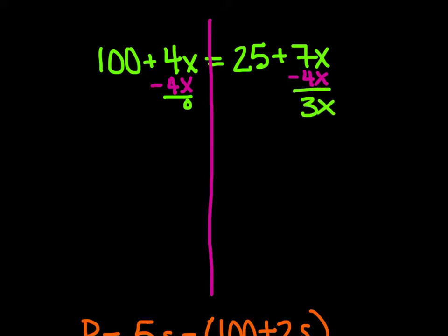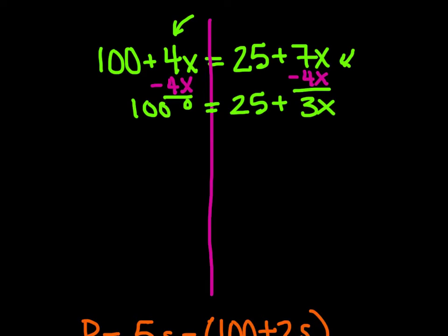So if I were to do that, I find that if I subtract 4x, because I currently have 4x being added, it'll bring that 4x to 0, but then also we have our 7x will be balanced with it, so we get 3x on this other side. So we can finish writing this equation as saying 25 plus 3x is equal to 100, because 4x minus 4x gets me 0.